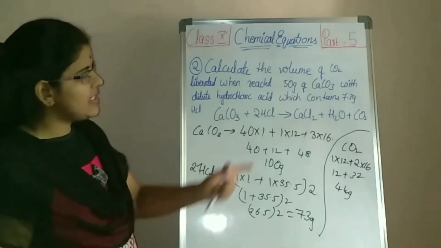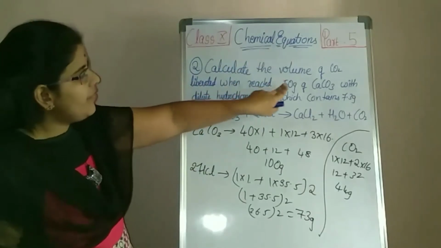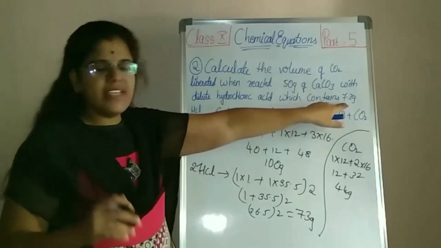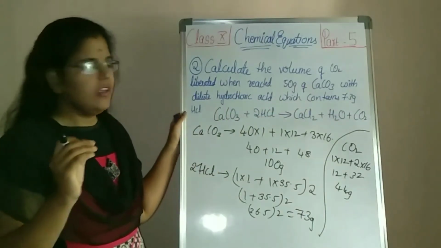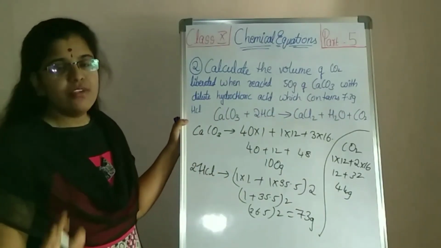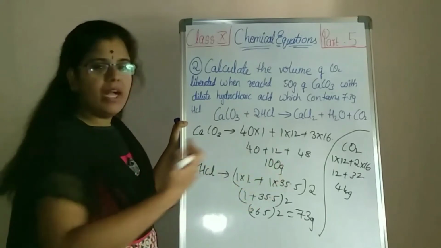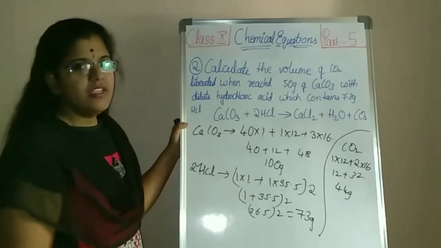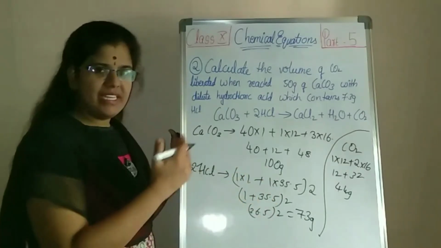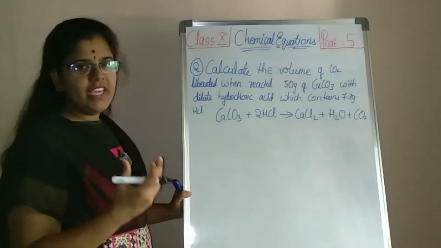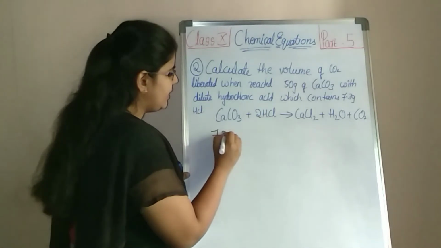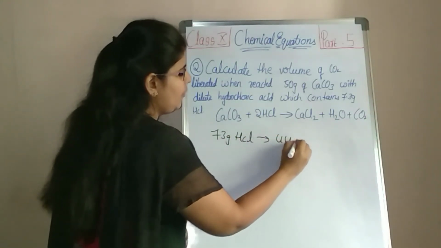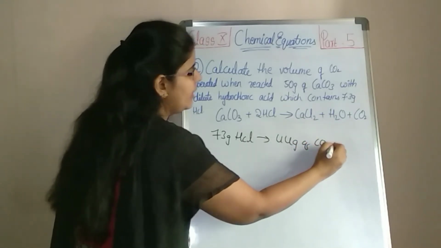But now what they are saying in the question is that 50 grams of calcium carbonate is reacting with only 7.3 grams of hydrochloric acid. So how many grams of carbon dioxide should be evolved? Let us take the basic equation and then calculate. Before, we have seen that 73 grams of HCl gives rise to 44 grams of carbon dioxide.